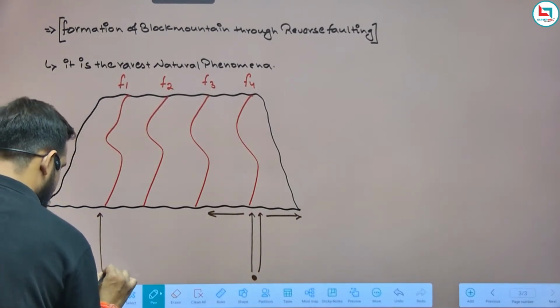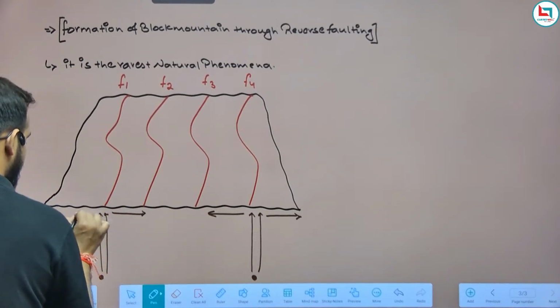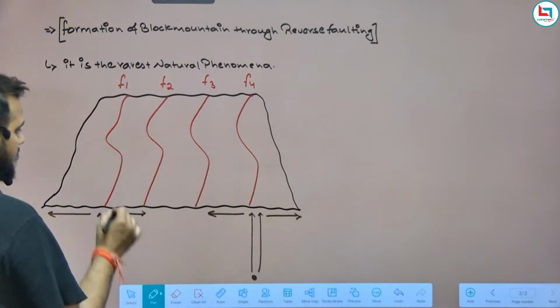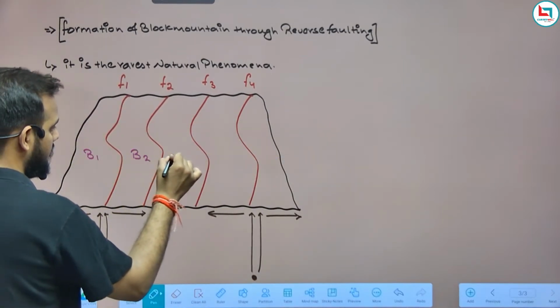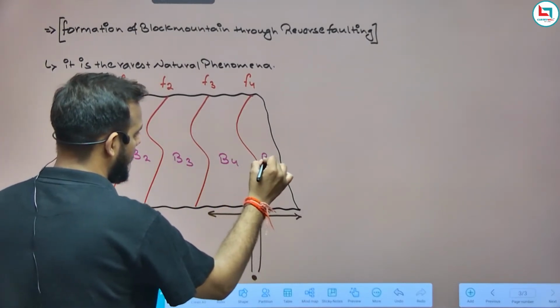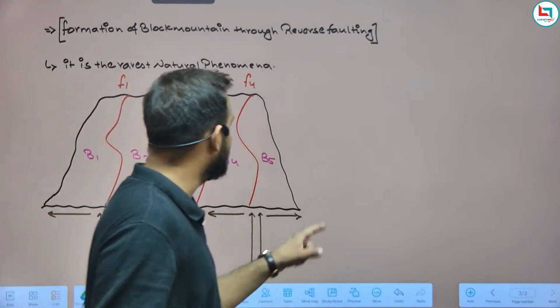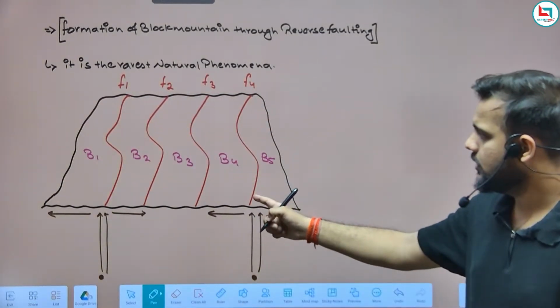You could easily see the case. And we have a lot of blocks like B1, B2, B3, B4 and B5. So mantle plumes are present between F1 and F4.